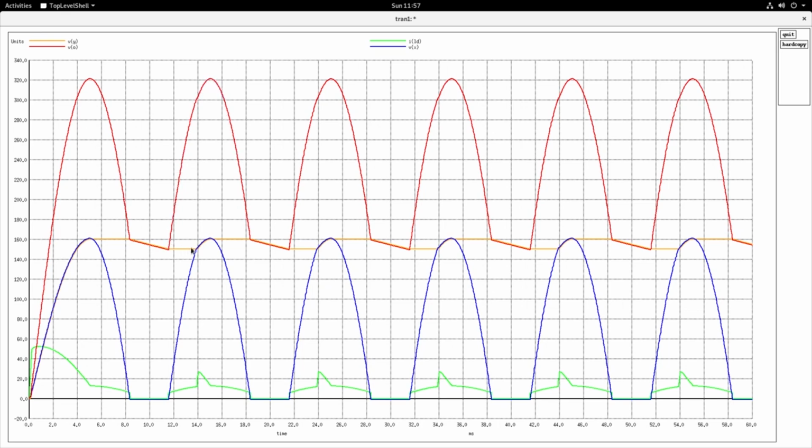Now during this portion, you will see that there is current drawn. The current drawn has two parts. This smooth part is the current being given directly to the load, and this part is where the capacitor gets recharged.